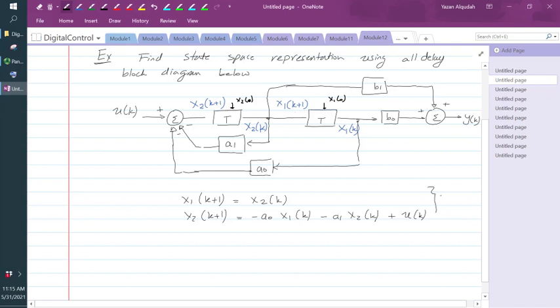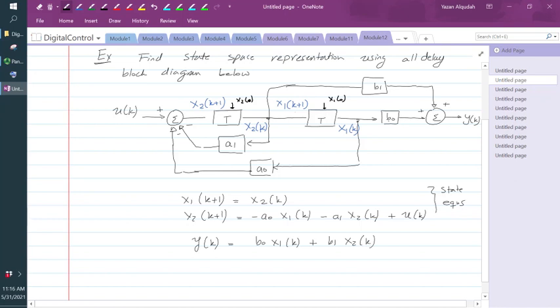These, we call them the state equations. And then I can write the equation for the output. For the output equation, y of k is equal to b0 x1 of k plus b1 multiplied by x2 of k.